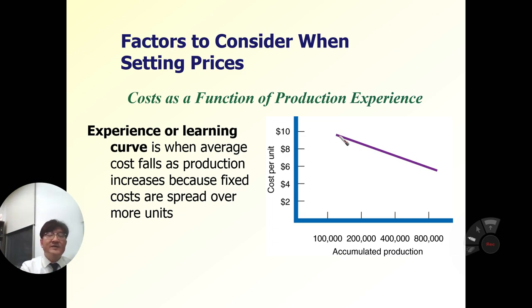This is actually the basis for penetration pricing. In Korean, we call it 박리다매, right? If you make more and more products, it actually pulls your cost down because the fixed cost per unit decreases. Since the cost is getting smaller and smaller when you increase the production level, you can lower your price lower and lower, right?